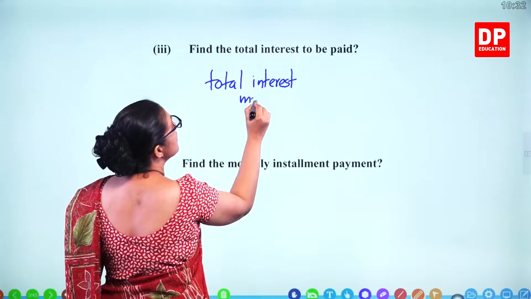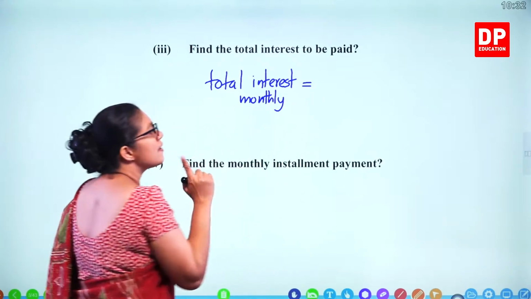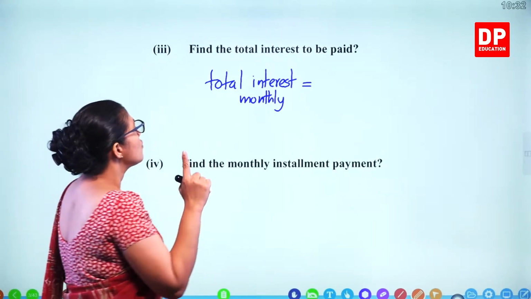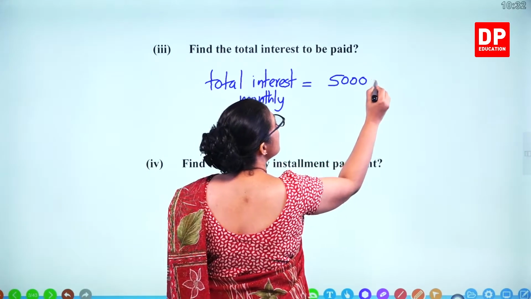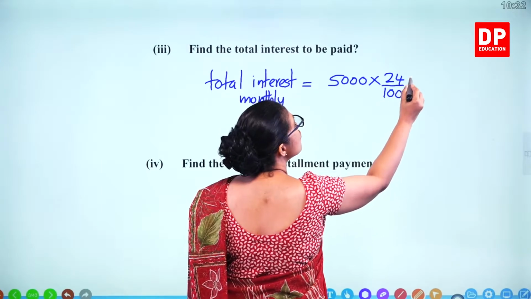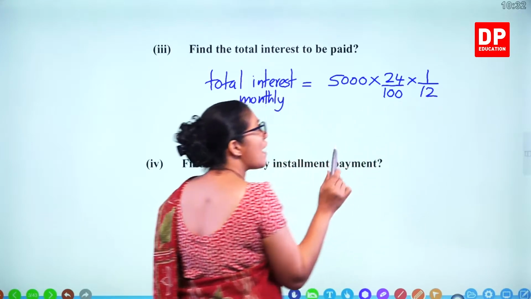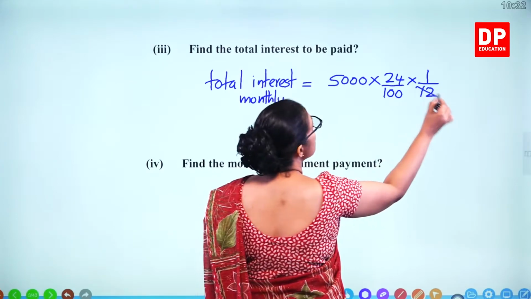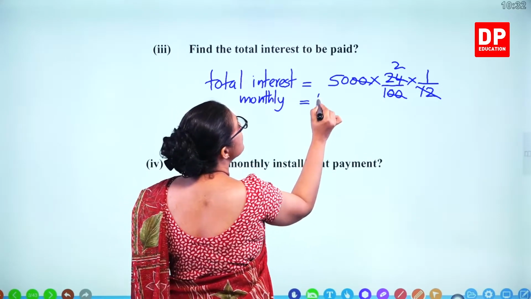This is 5,000 monthly without interest, and the interest rate is 24% annual. You have to divide this by 12 because we are finding monthly interest. 24 divided by 12 is 2, so 100 rupees.